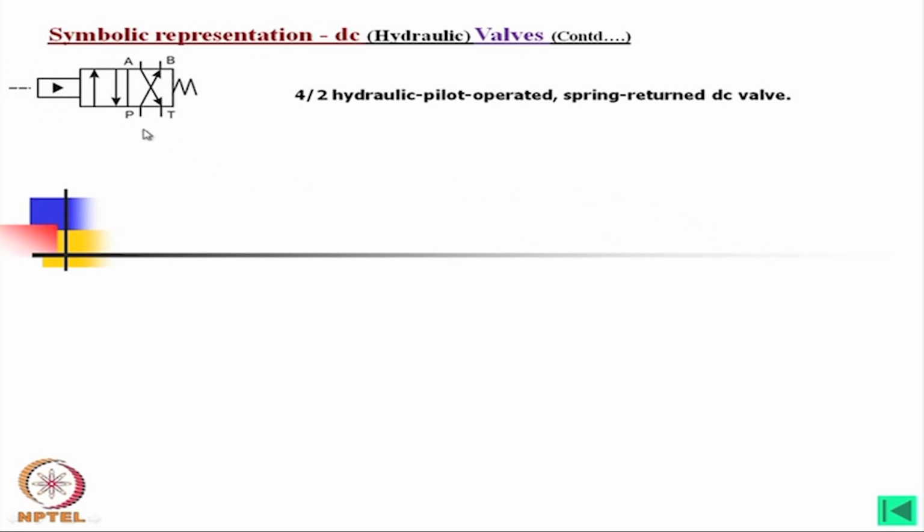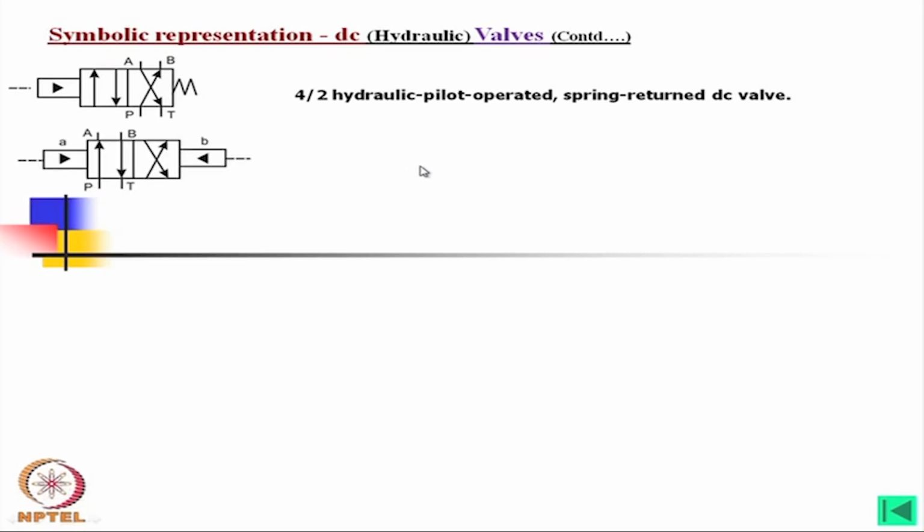And if we switch this off, then automatically the spool will go back to this position by a spring. So, it is a spring return. That means if this side is off, no signal is there, then it is working with this. When the signal comes, then it will go here.